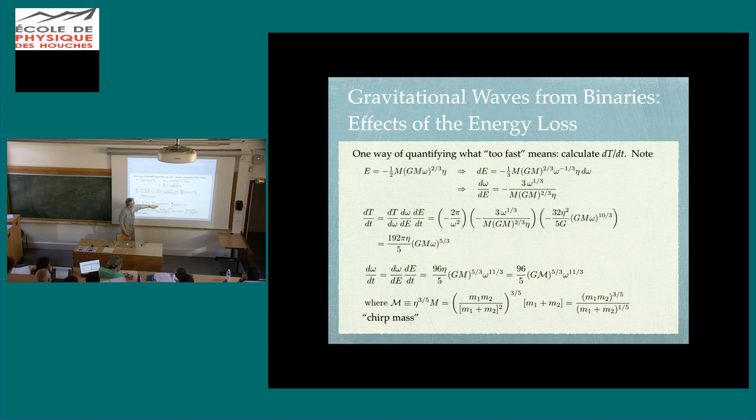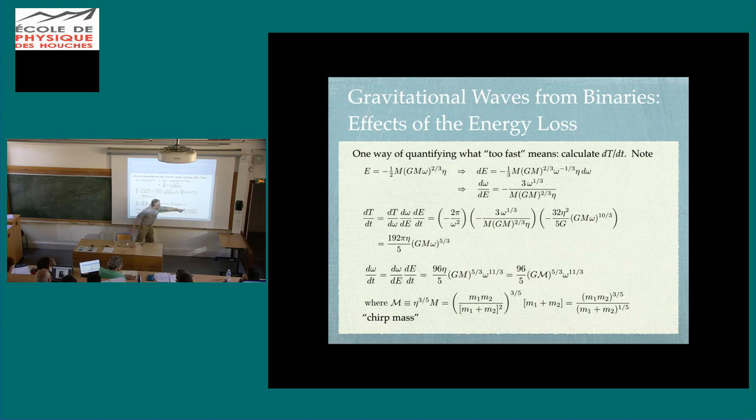So I have an omega to the 11/3 power, and then I have this GM to the 5/3 power left over, same thing as here. But I can re-express it by absorbing the eta into the M and calling it a script M. So all I'm doing is absorbing the eta into the M.